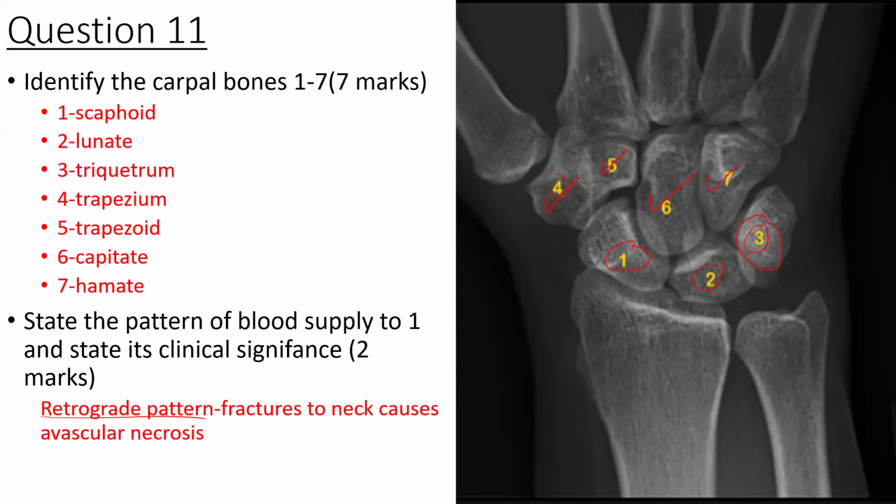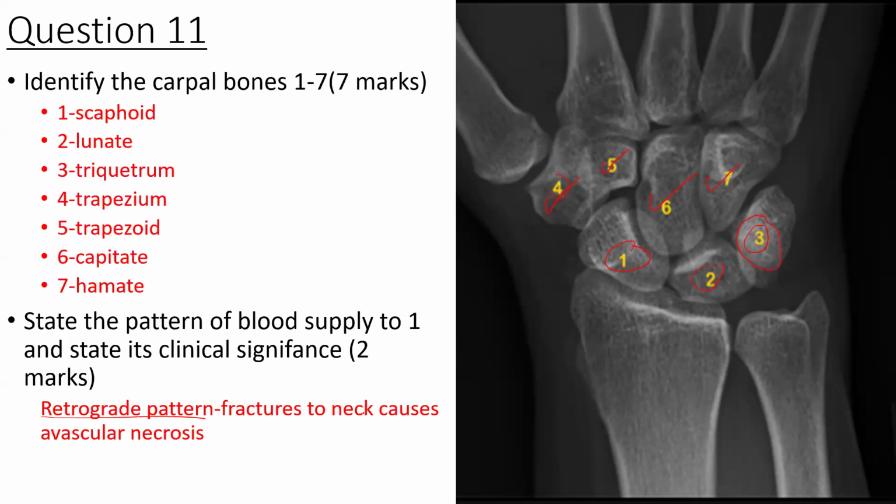So what should you do? Just go to your internet, type patterns of blood supply, anatomy, and then go to the images. You'll find some guy has made a table of the patterns of blood supply, and that table can actually help you.